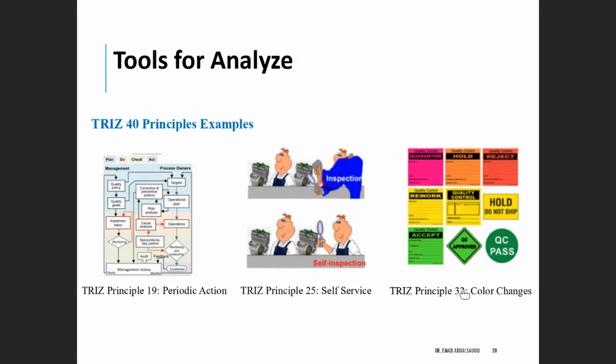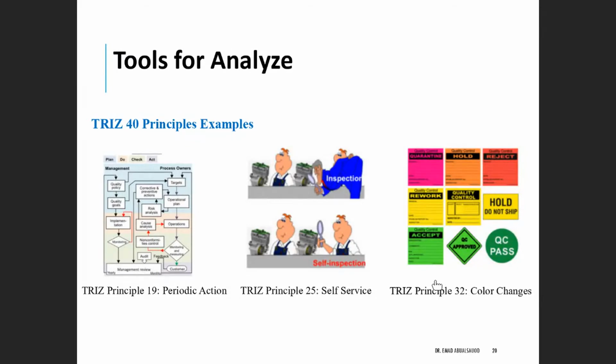Principle 32, color changes. This could solve many problems that need categorizing or visual identification, for example using different colors for the tools or files that you often use, based on the segment.